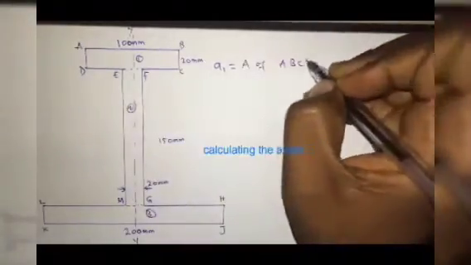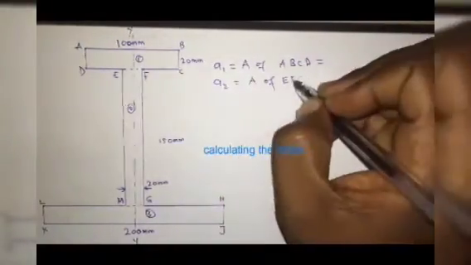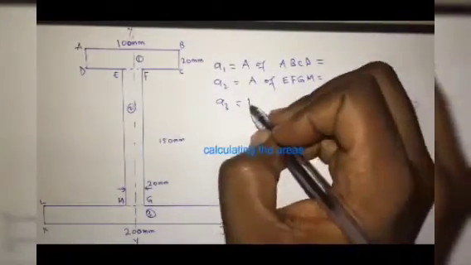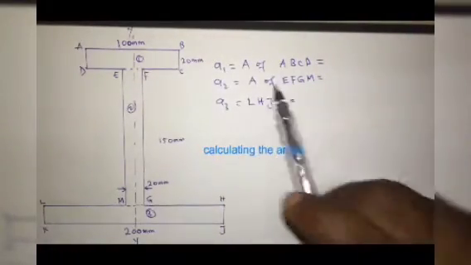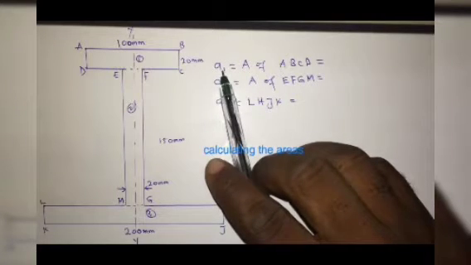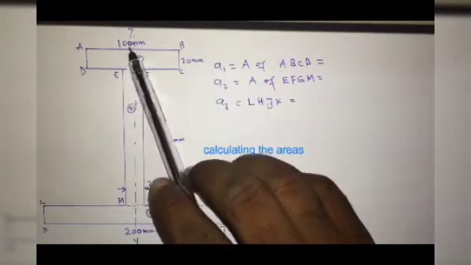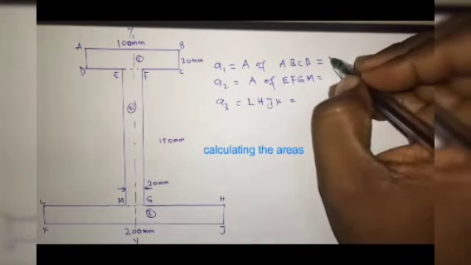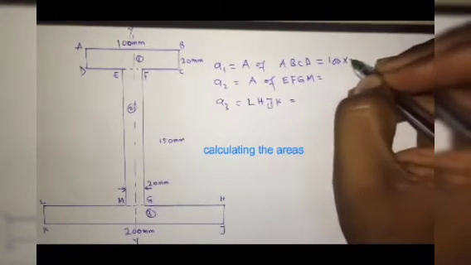Area 1, that's A1, is for rectangle ABCD, which is 100 by 20, that is 2000 millimeters square.